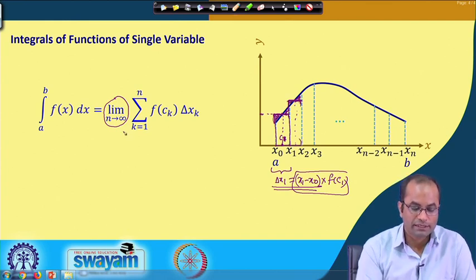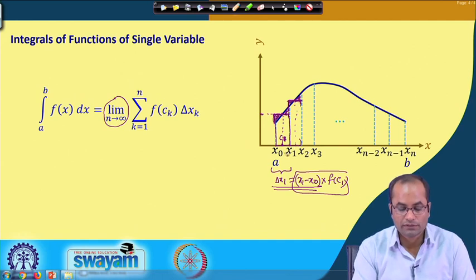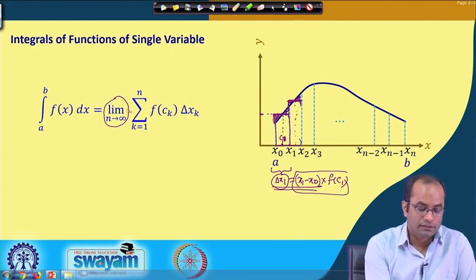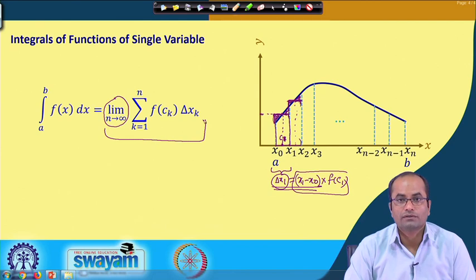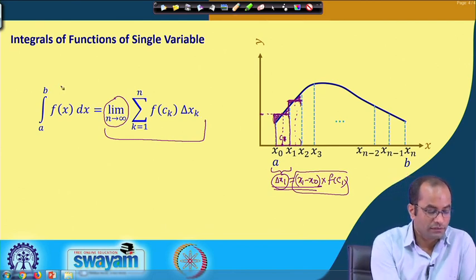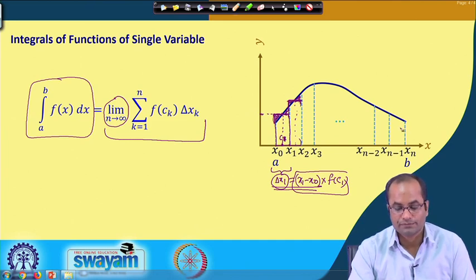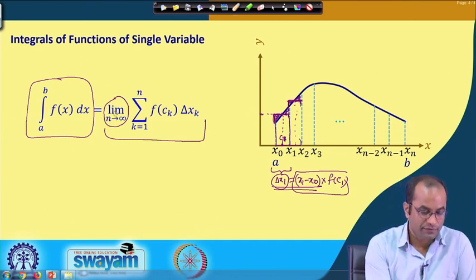In the limiting case, when the lengths of these intervals go to 0, this limit will approach the area under the curve. So, this integral from a to b of f(x) dx represents the area under this curve, and this is defined as the limit of this sum.